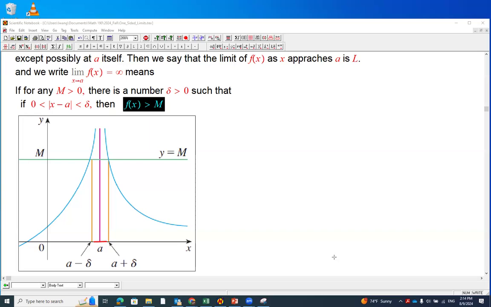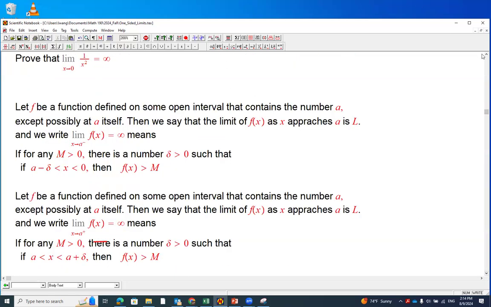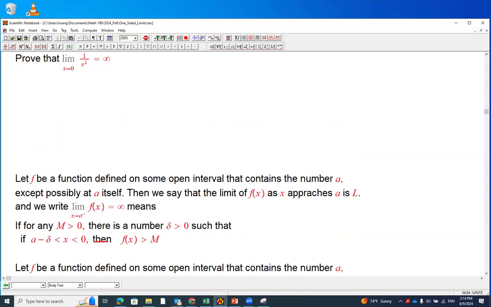If this is true, then we say f of x approaches positive infinity as x approaches A. Okay, so this is the precise definition of the limit being positive infinity. For example, if we prove, right, so this will be our example number 4.